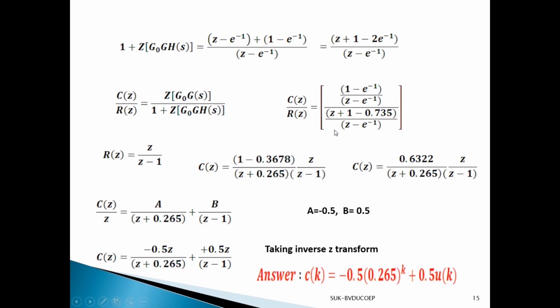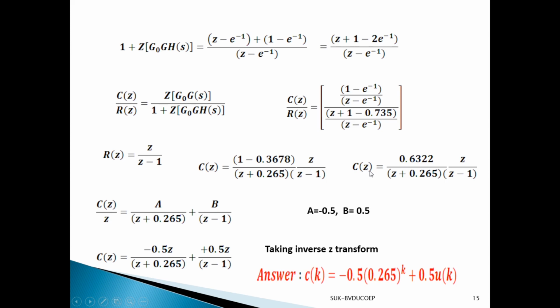This will go. And R(Z) is Z over Z minus 1, therefore this is C(Z). Is this clear? Systematically, step by step, if you do, it will be correct. So C(Z) is equal to this 0.632 upon Z plus 0.265 times Z over Z minus 1.